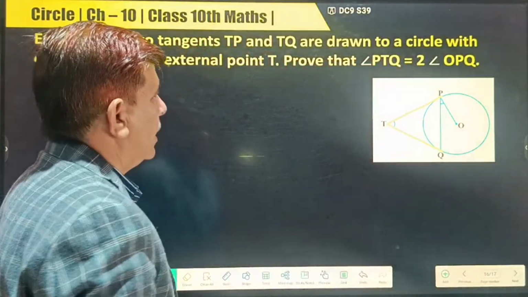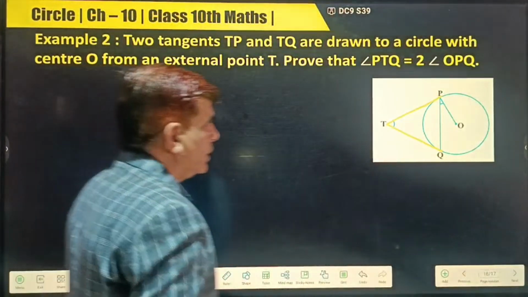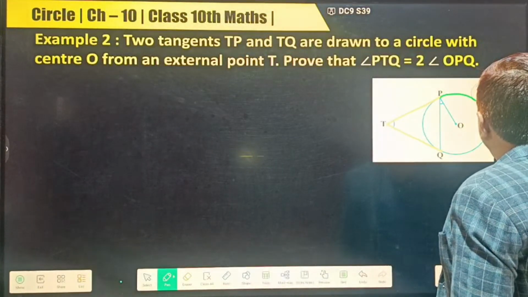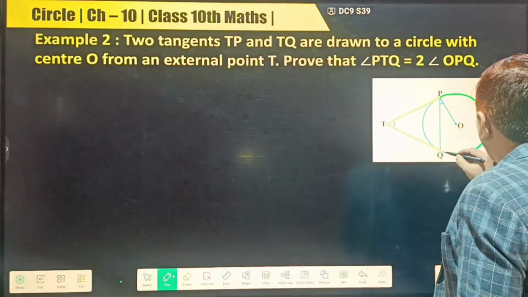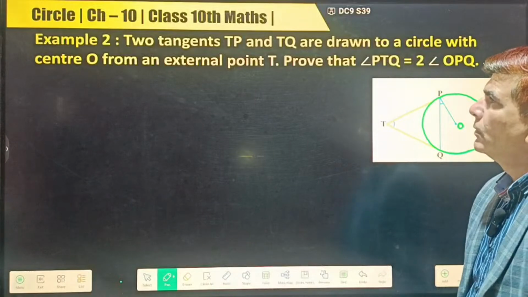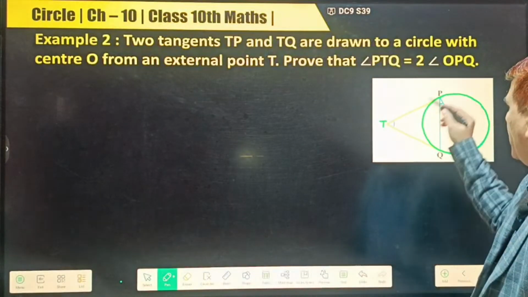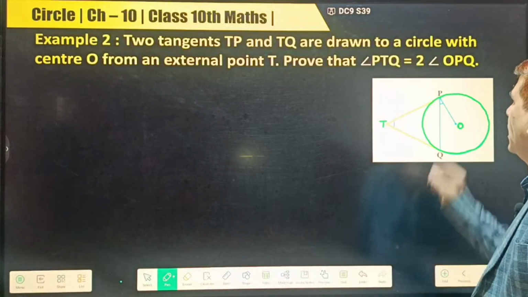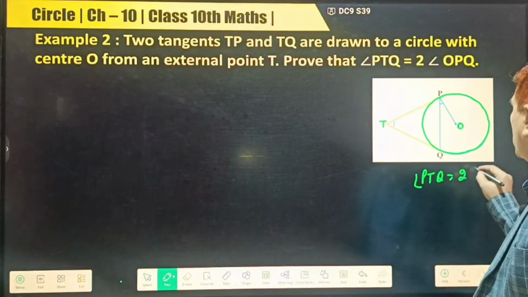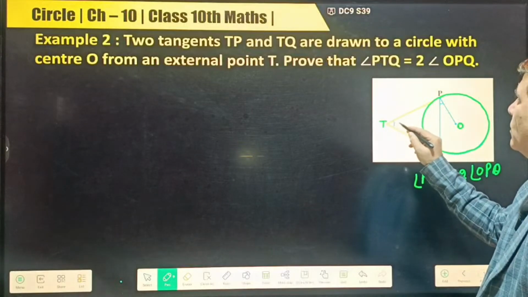TP and TQ are drawn to a circle with center O. We have a circle, this is a circle, having center O, from an external point T, this is point T. We have to prove that angle PTQ is equal to twice angle OPQ. This angle is what, 2 times of it.